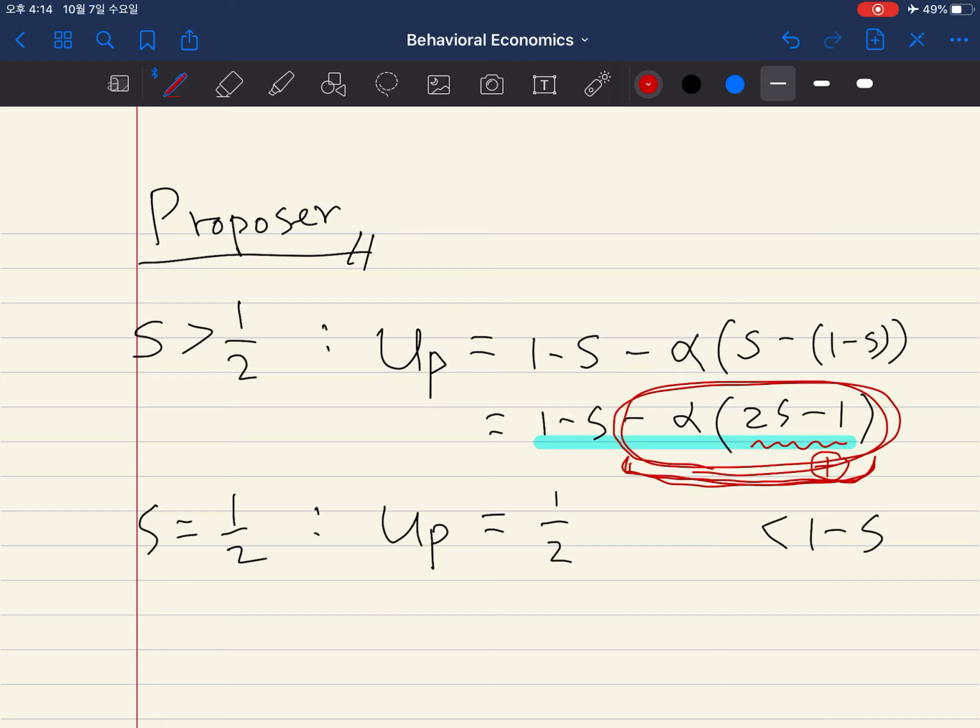So we know that 1 minus S is bigger. And we know that 1 minus S is less than half because S is bigger than half in this case.